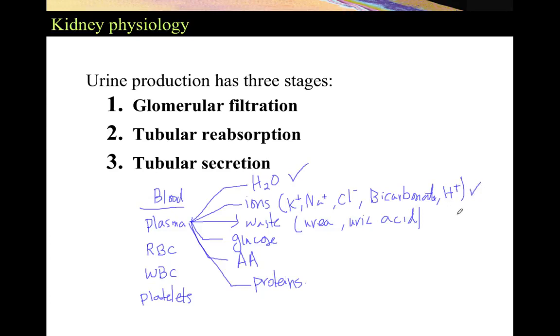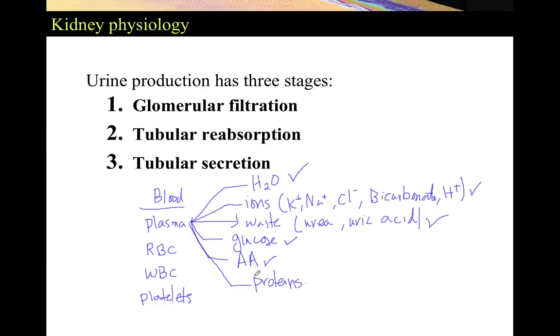So they also can pass through. Waste products such as urea and uric acid are also small enough to pass through. Glucose is also small enough. Amino acids are also small enough.